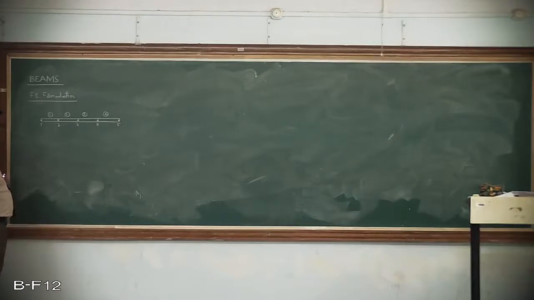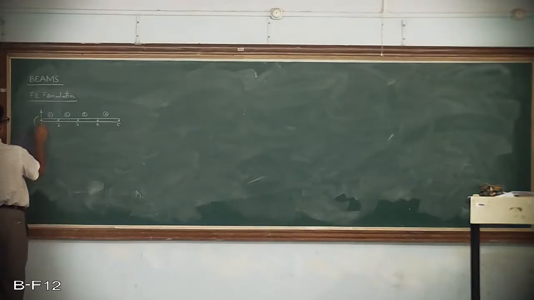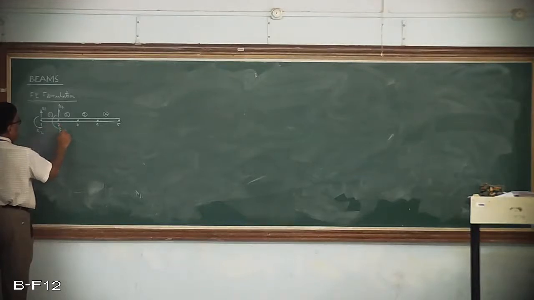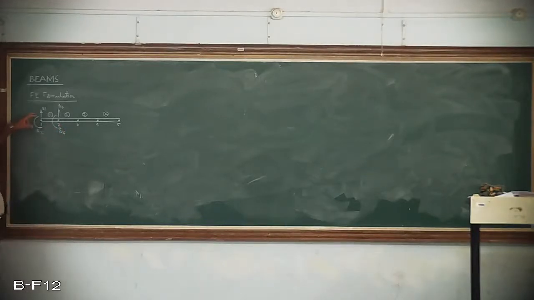And as I have already told you, each node has Q1, Q2: one is the translation and another is the rotation. Always remember that the directions I am using are the positive directions. Upward is positive and anti-clockwise is positive.